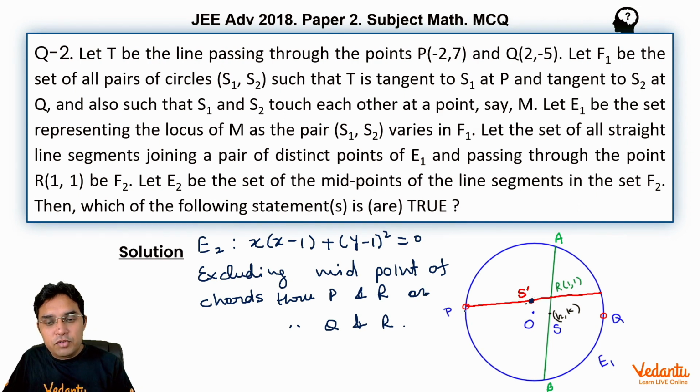So such chords which would have passed through P and R, their midpoints we should not consider.